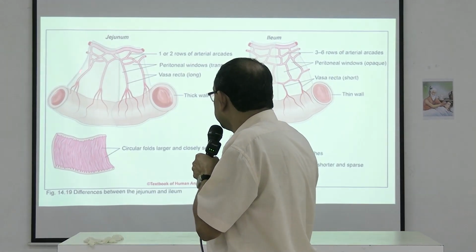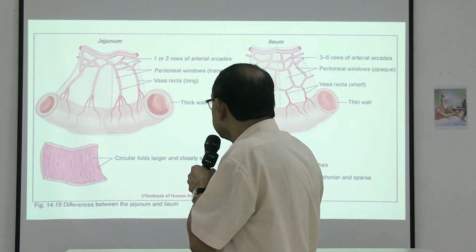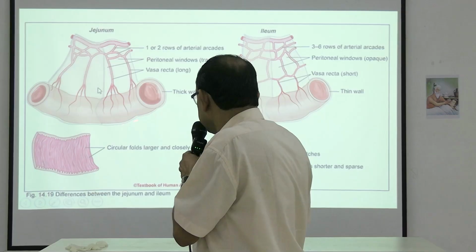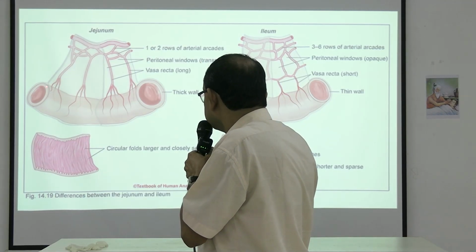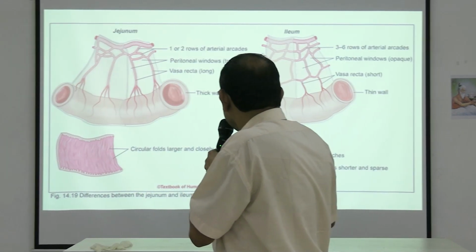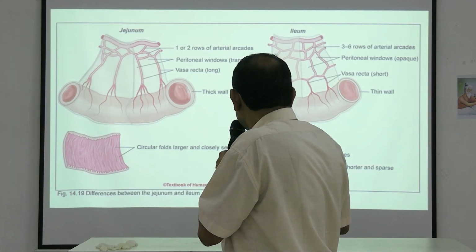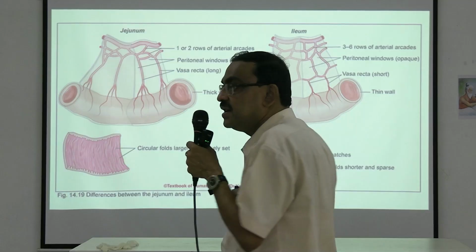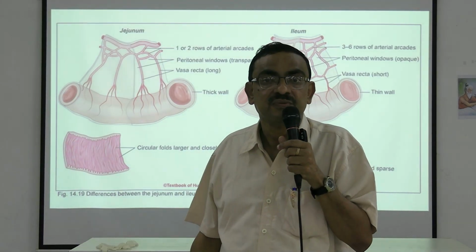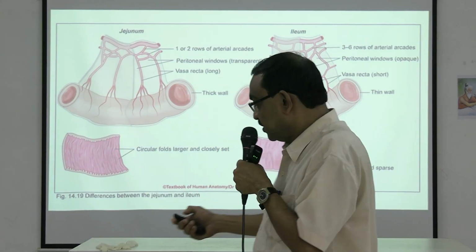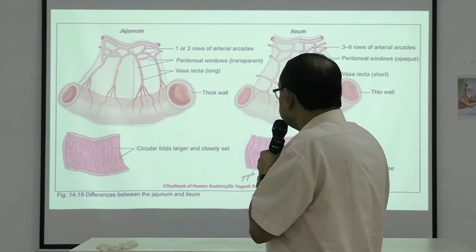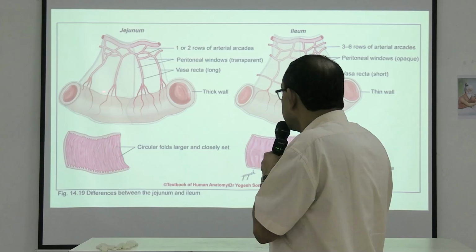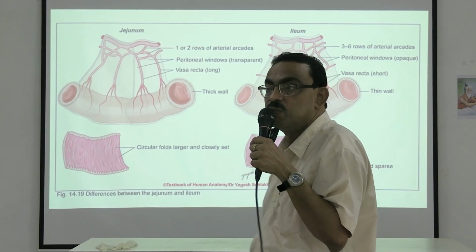And in between the blood vessels, this area which is covered by the peritoneum, this is the peritoneum. You can see the peritoneum. And here also we can discover the peritoneum. This outer outline is the peritoneum. So in between the arteries, this area is called the peritoneal window.